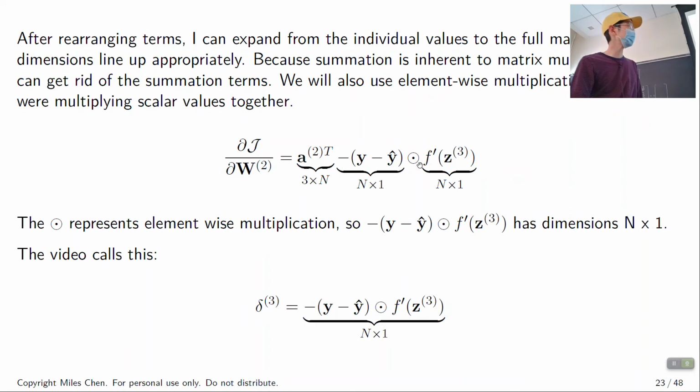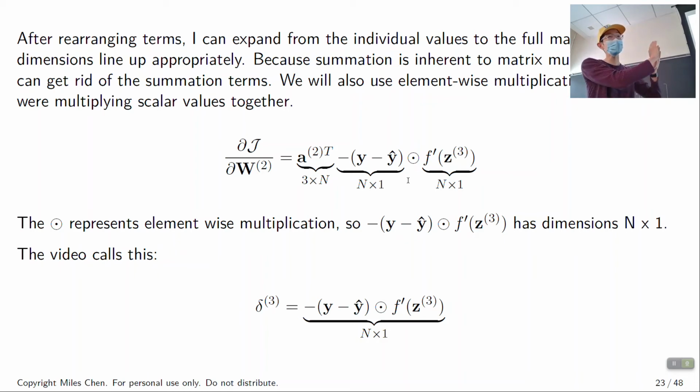So here I'm going to use this symbol, which represents element-wise multiplication. I've got a column of n by 1 values and another column of n by 1 values, and I'm going to multiply them and preserve the fact that it's still n values. That's element-wise multiplication.